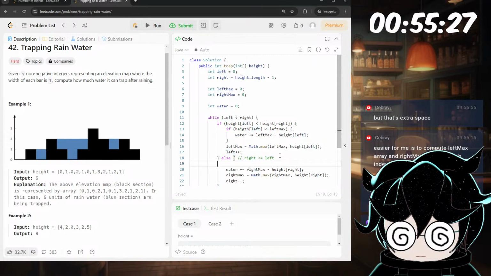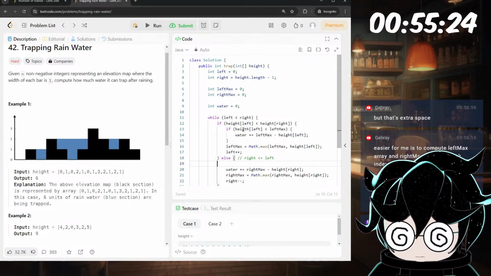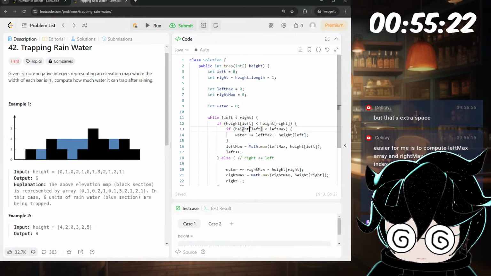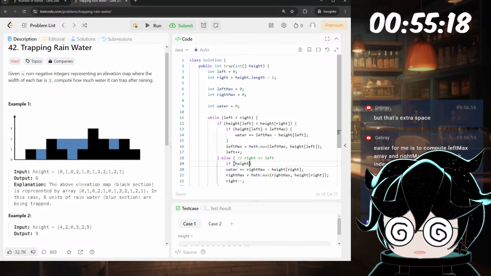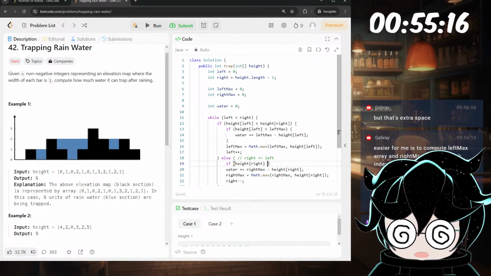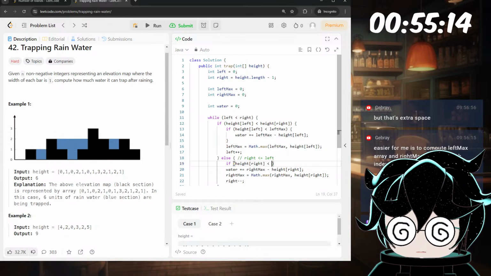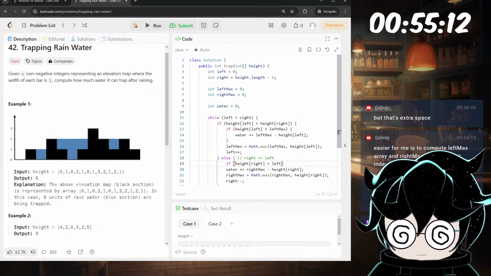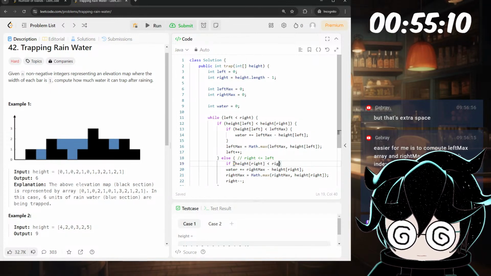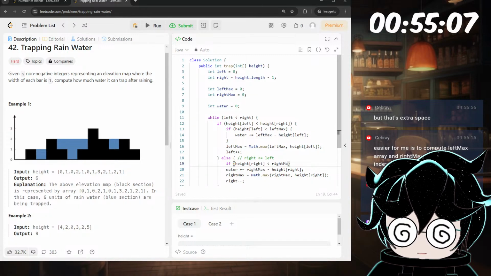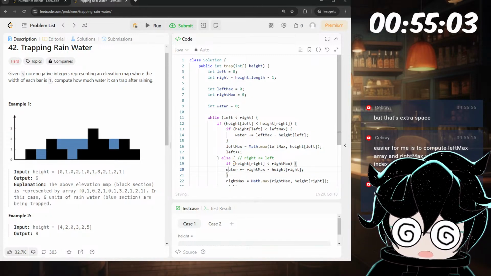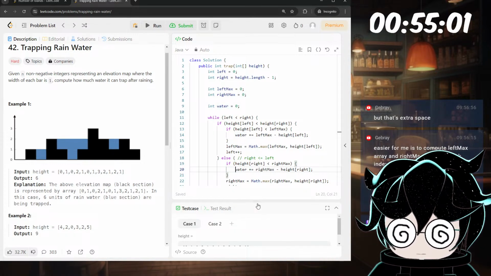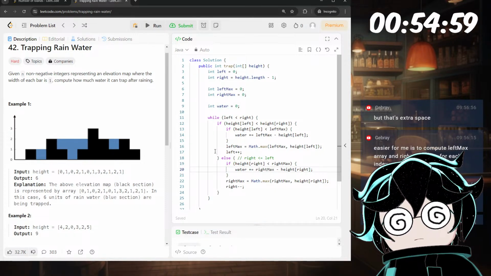Same for here: if height right is less than right max. So much typing.